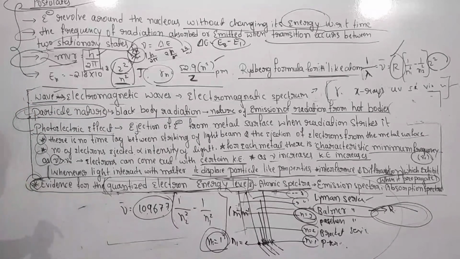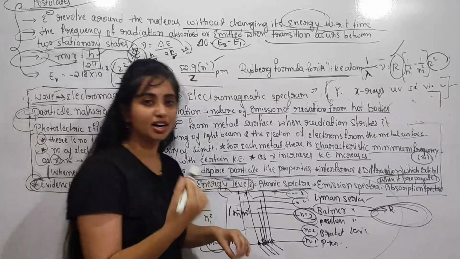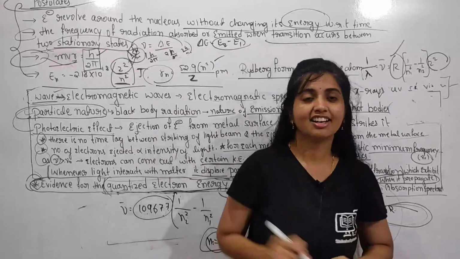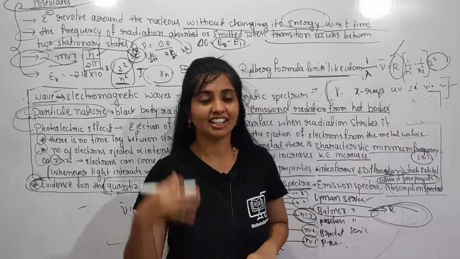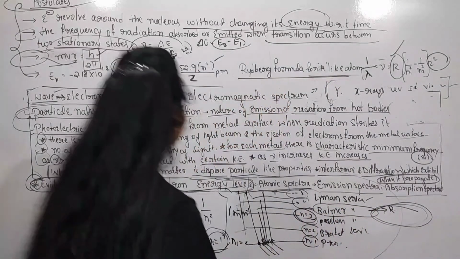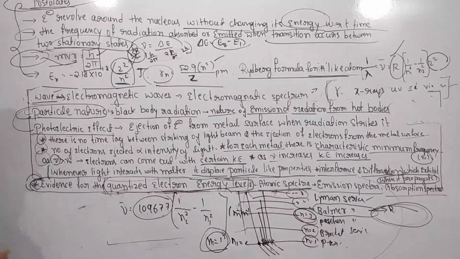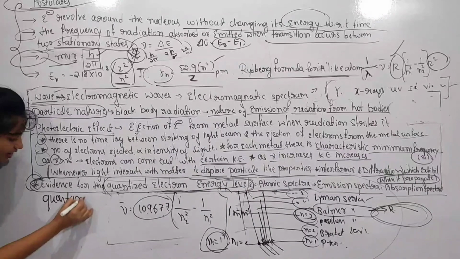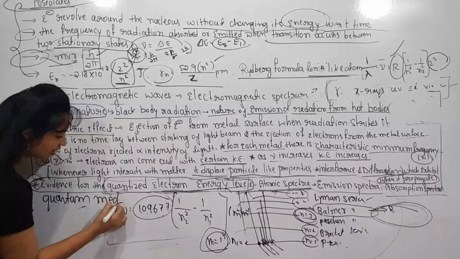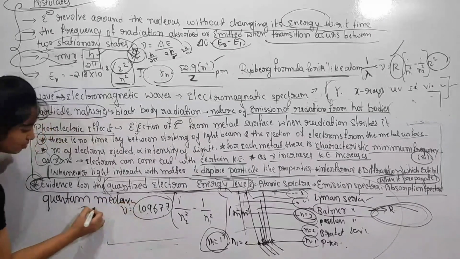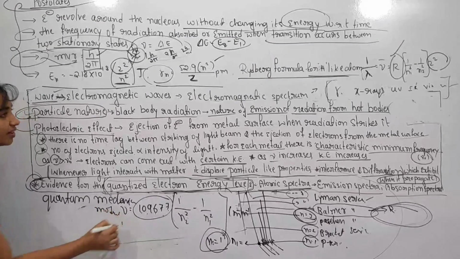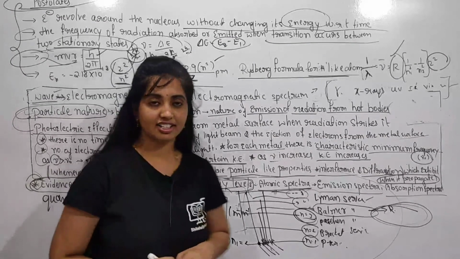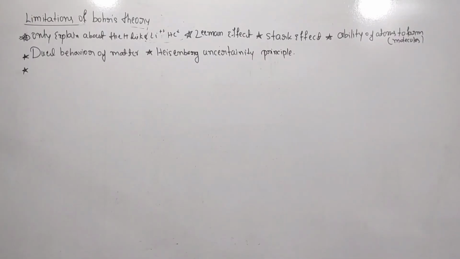And next, at a certain point Bohr also fails to explain the structure of an atom, and the next theory comes, that is the quantum mechanical model. So this is where Bohr fails to explain the structure of an atom.